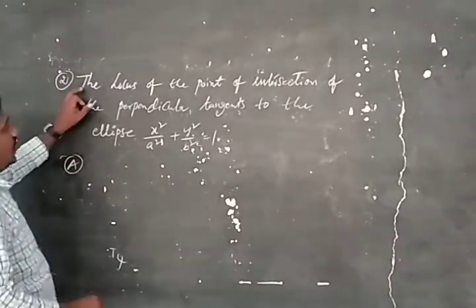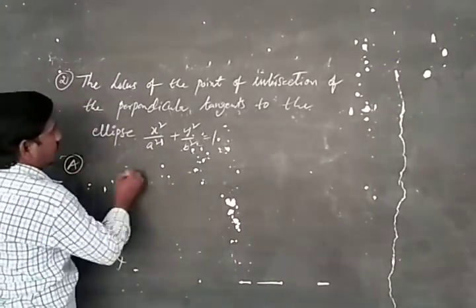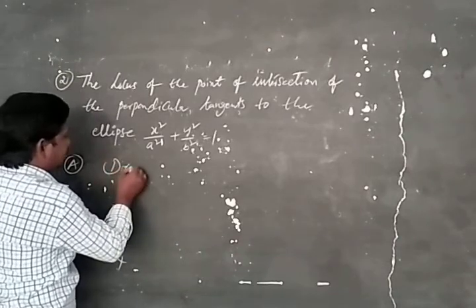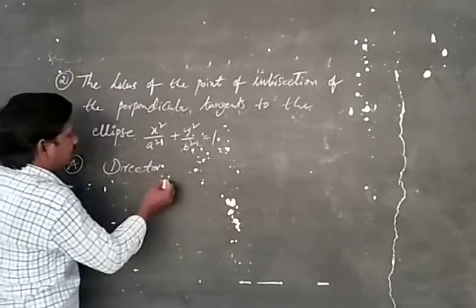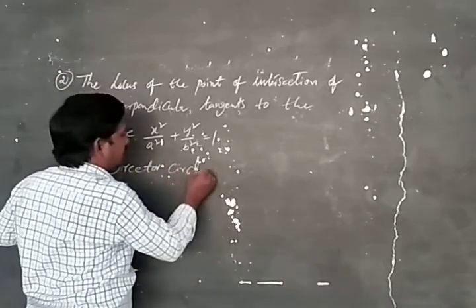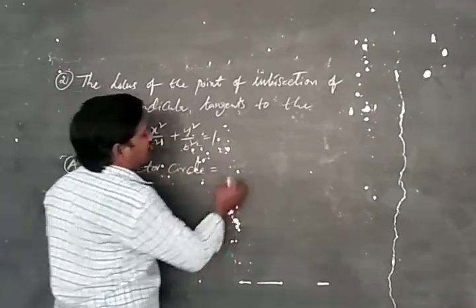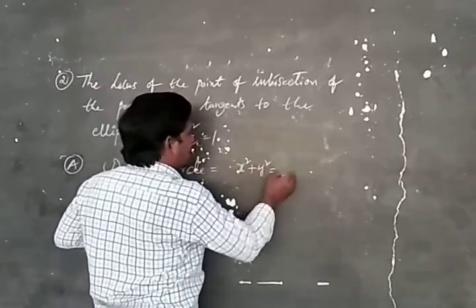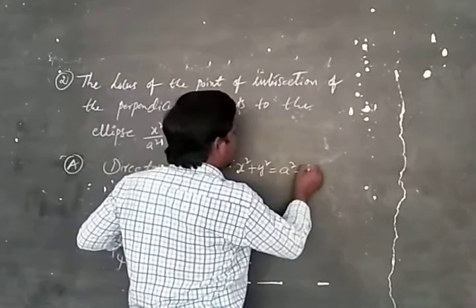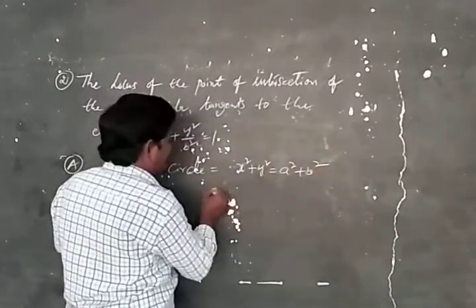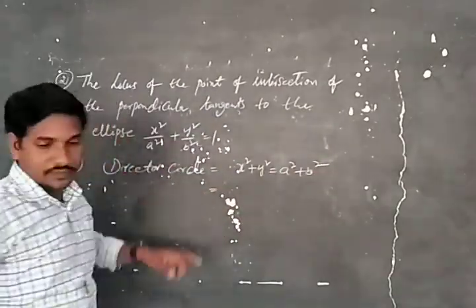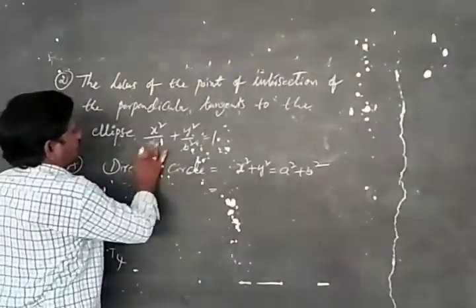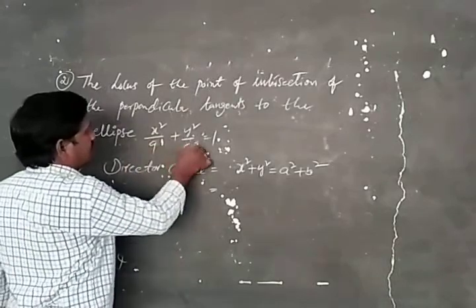So the answer is the director circle. What is the formula of the director circle? x square plus y square equal to a square plus b square. The problem is given, so this is 9 and this is 4.